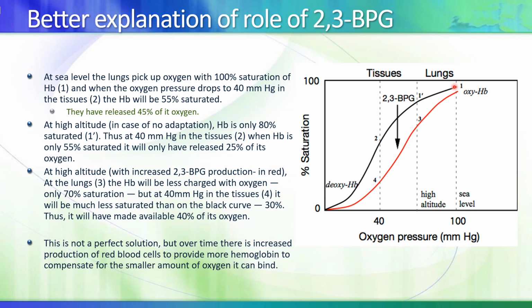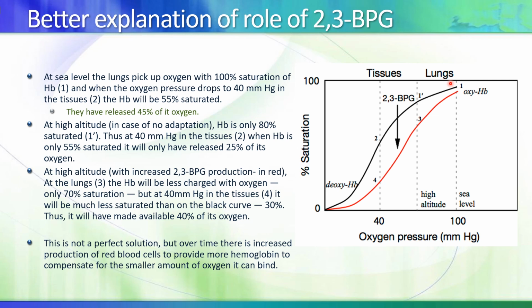Now, in peripheral tissues where the level of oxygen is about 40 torr, let's say that about 55% of hemoglobin molecules are now saturated with oxygen. So you have a reduction from 100 to 55. So that means you have release of 45% of the oxygen molecules that are carried by the hemoglobin molecule.